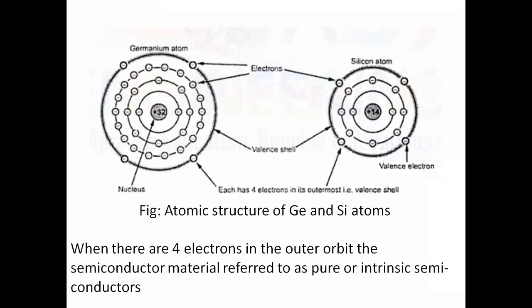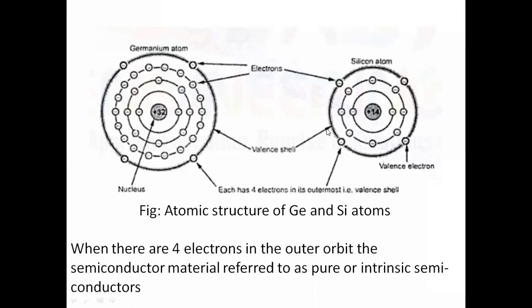Based upon the type of materials, group 3 and group 5 elements, what we have seen previously, by adding these they will become two types of extrinsic semiconductors: N-type semiconductor and P-type semiconductor. Suppose you assume that these are pure semiconductors.